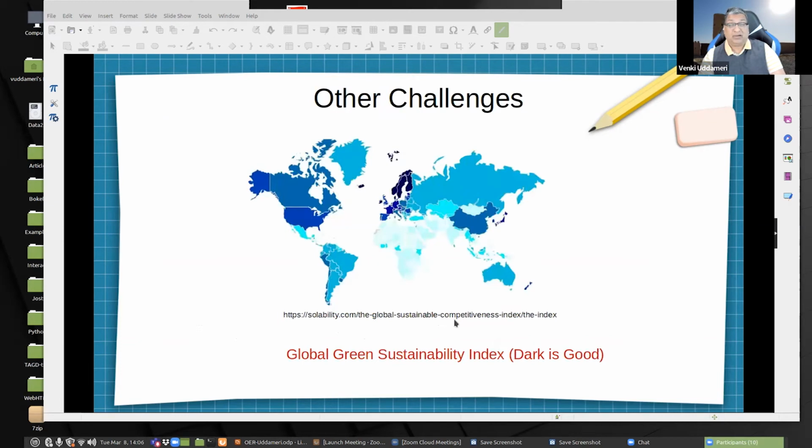So there are other challenges as well. A lot of these areas are fast growing, which also means that there is a greater push on their natural resources, and how they manage their resources becomes important in light of their sustainability in the future, as well as global sustainability in general. So that is another part where you will see that areas like Africa, India, and China are really not doing as well on sustainability indicators as, say, the US, Canada and others, where the population growth is not as dramatic as in these countries.